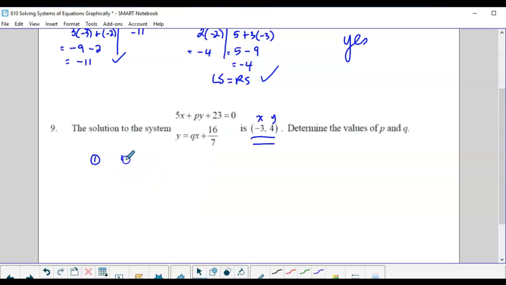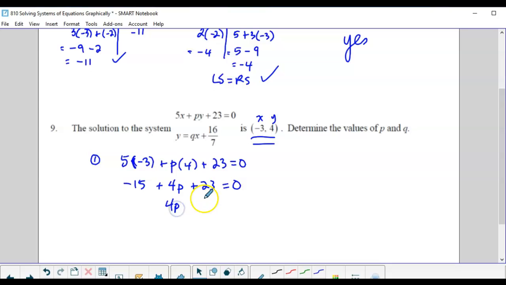Where x goes, I put negative 3. Where y goes, I put 4. So that's negative 15 plus 4p plus 23. 4p plus 8 equals 0, 4p equals negative 8, p equals negative 2.